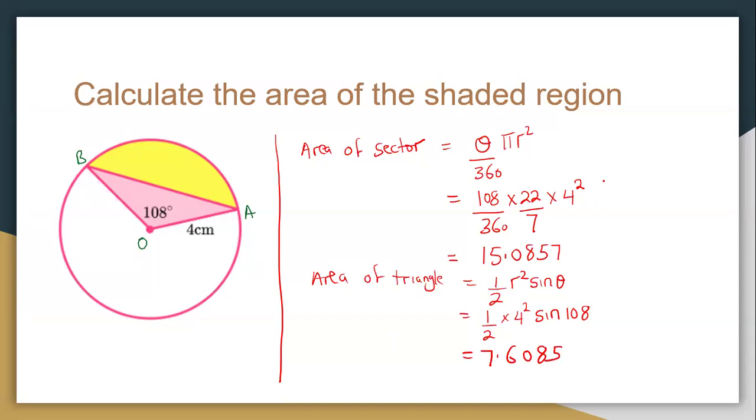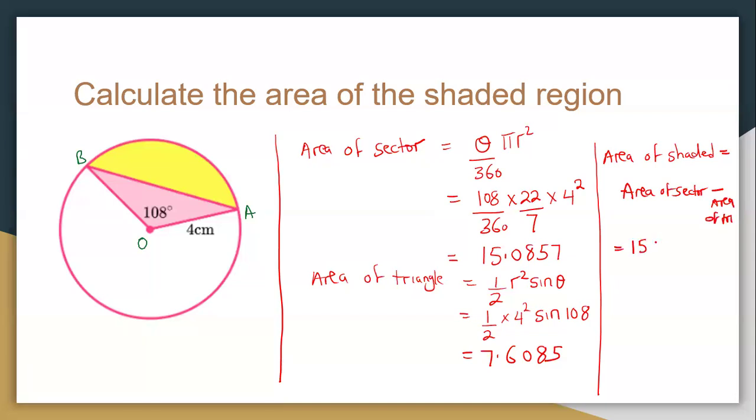To get the area of the shaded region, I subtract the area of the sector minus the area of the triangle, whereby it will be 15.085 minus 7.608.